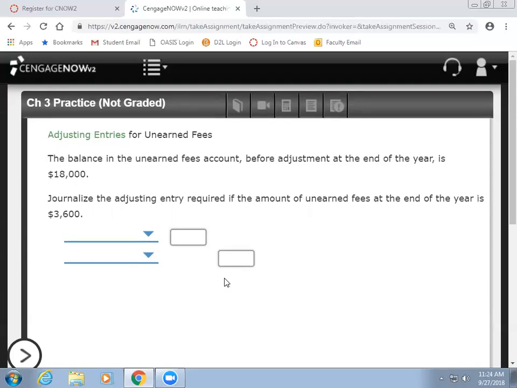Our beginning balance of unearned fees is a credit of $18,000, and they're telling me at the end of the year the balance should be $3,600.